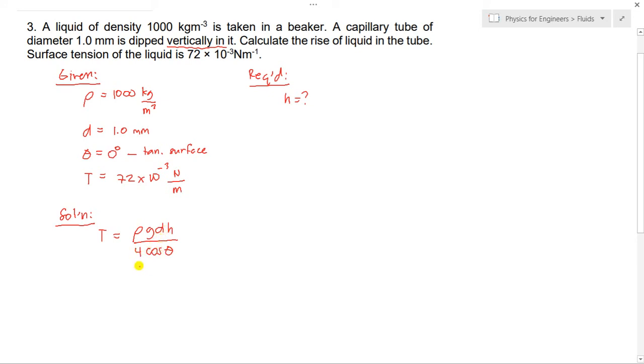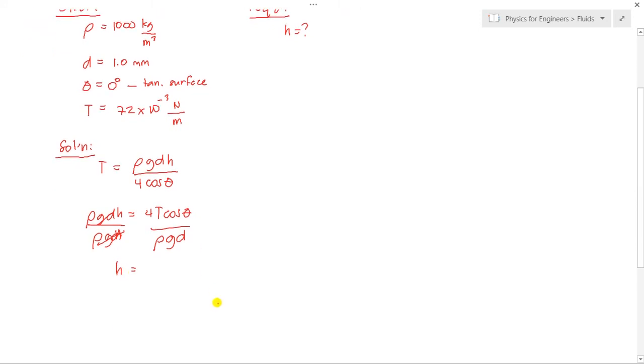Since h is what we are looking for, cross multiply, so we have density g D h equals 4T cosine of theta. Divide both sides by density g D, and h is left alone. So h equals 4T cosine theta all over density g D.